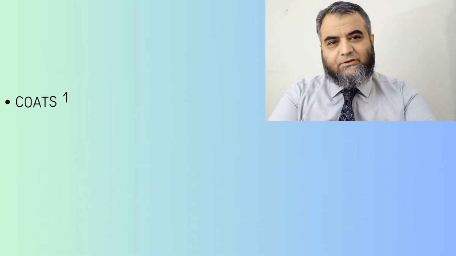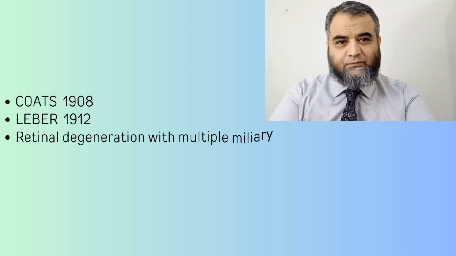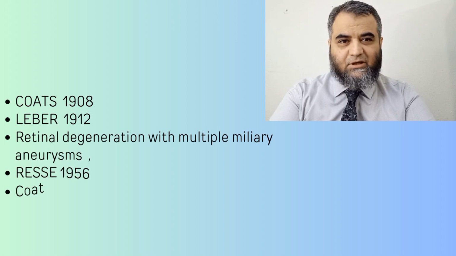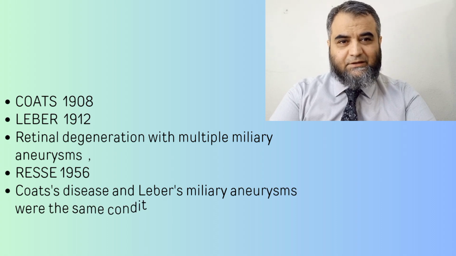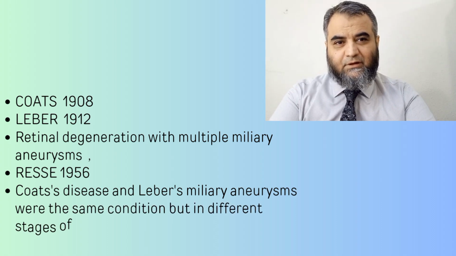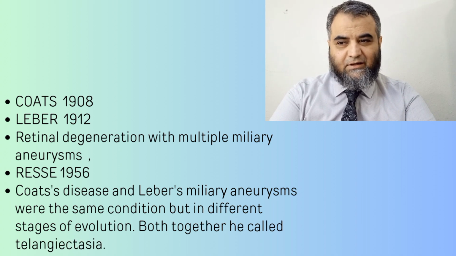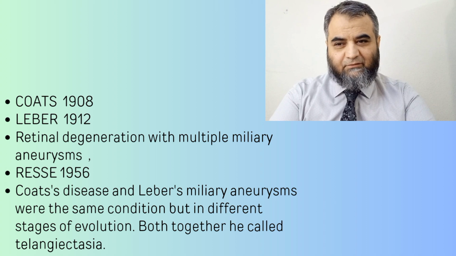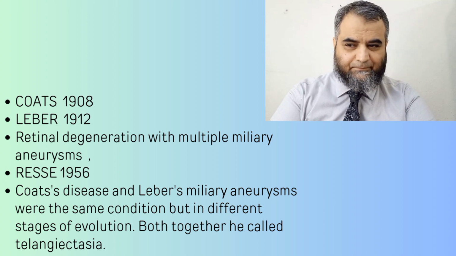Let's talk about the history of this disease. In 1908, Dr. Coates was the first person to describe these types of blood vessels, telangiectasias, and later on in 1912, Dr. Leber documented another case and showed that retinal degeneration with multiple miliary aneurysms was present in his case.